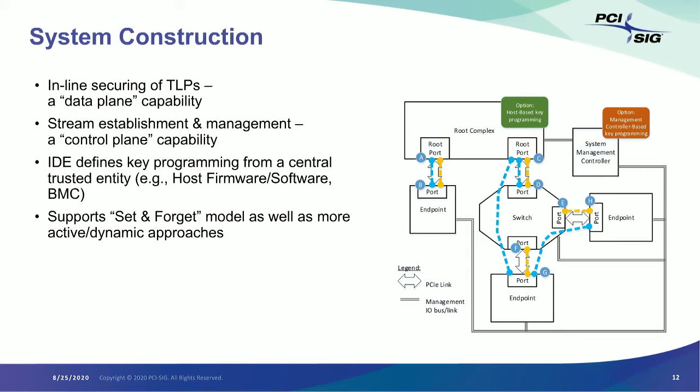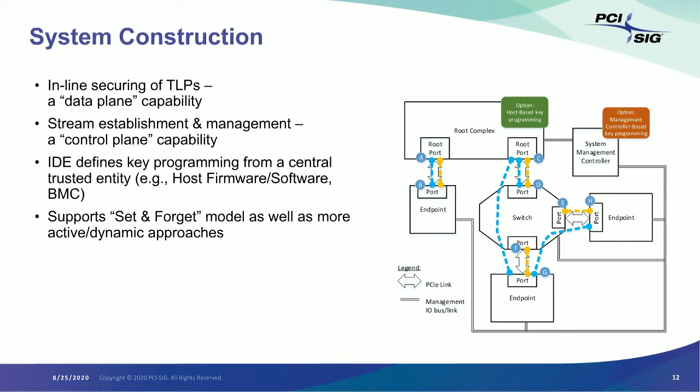It could be that this management link is SMBus, in which case you'd use the MCTP over SMBus transport, or this could even be something like a PCI Express by one connection that would go, in addition to the primary link into the system, from the system management controller around to each one of the components in the system. And in that case, you probably use something like the VDM transport.